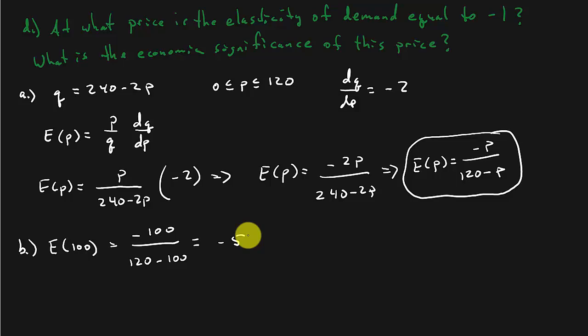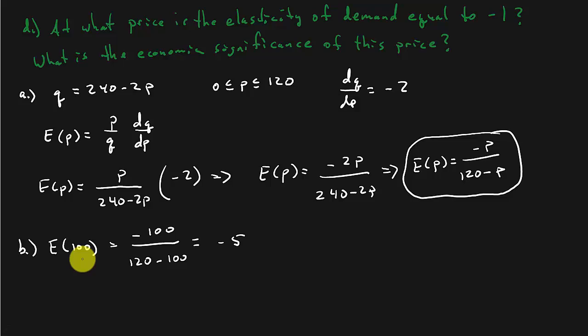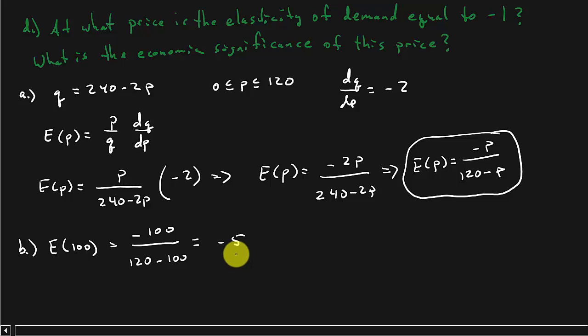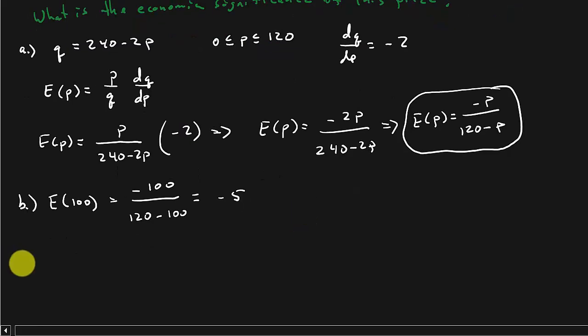When P is equal to 100, a 1% increase in price produces a decrease in demand of about 5%. So if we increase the price by 1%, that's going to decrease the demand by about 5%. I'm not going to write that out. You can play it back if you want to write it out.